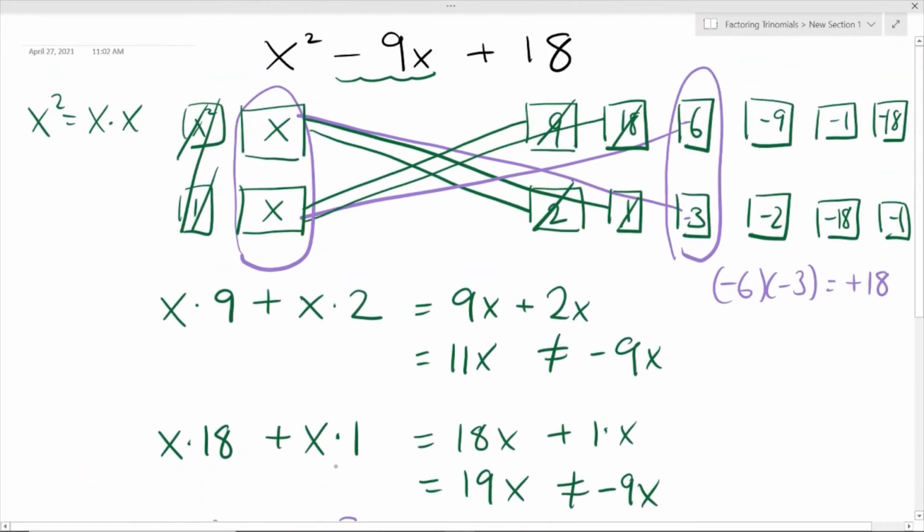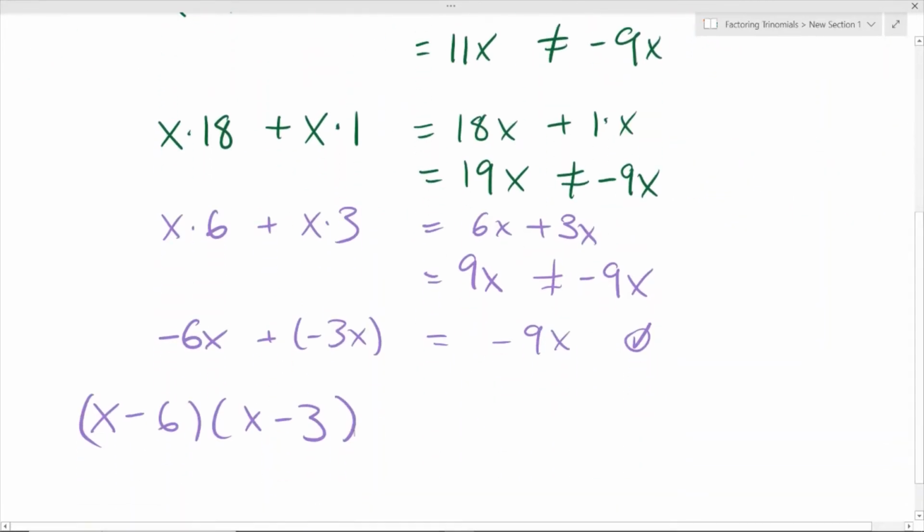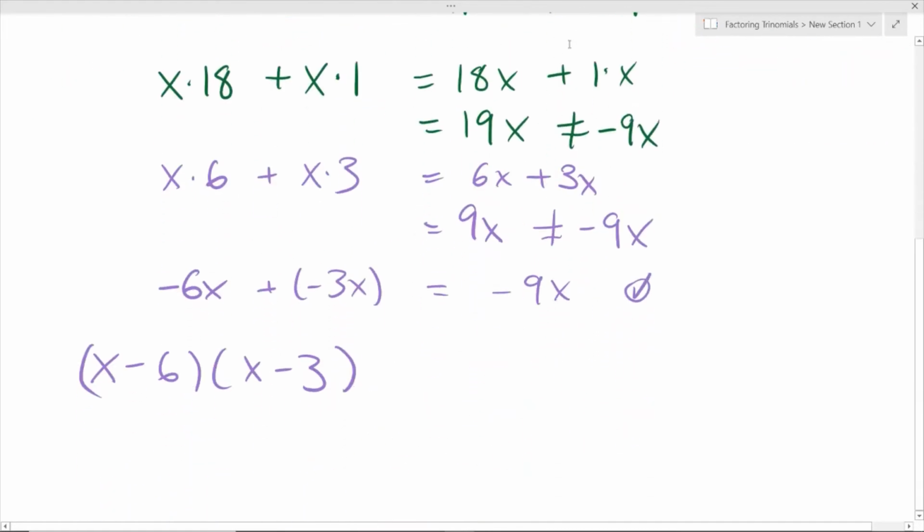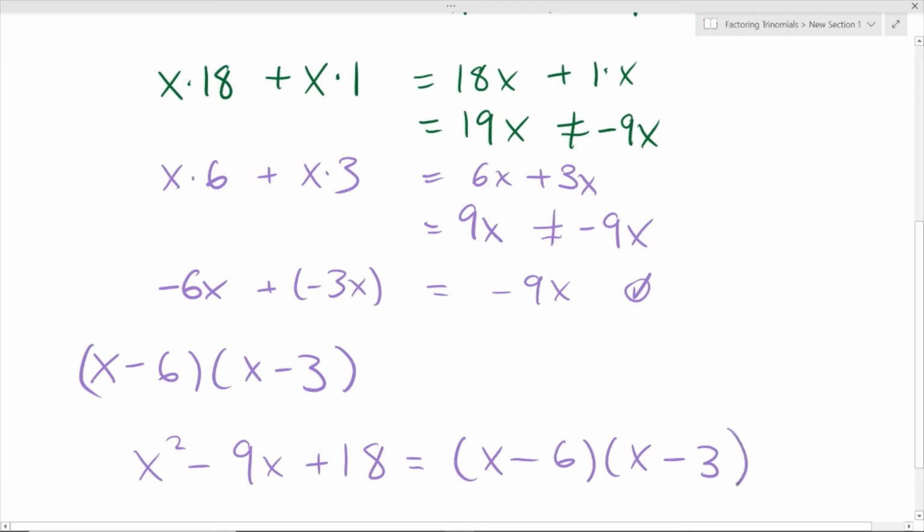So if we factor this expression, we are going to basically get x minus 6, as shown here, times x minus 3. So thus we can conclude that this expression, x squared minus 9x plus 18 is equal to x minus 6 times x minus 3.